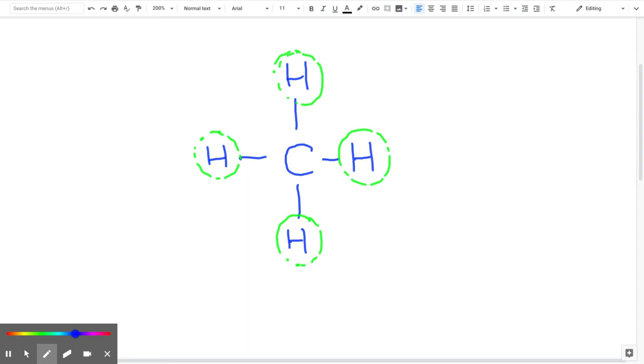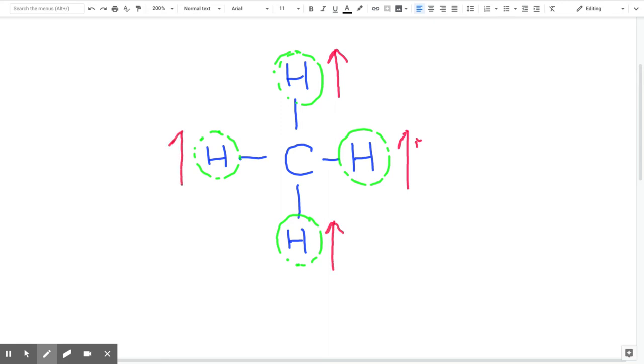That magnetic field, for argument's sake, can be going that way, much in the same way as we know spin does for an electron. It can have up or down spin. These are going to generate a magnetic field much in the same way. The protons have spin. In this example, we're going to say they have got spin up.